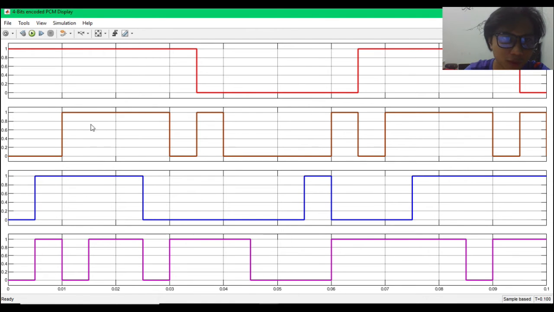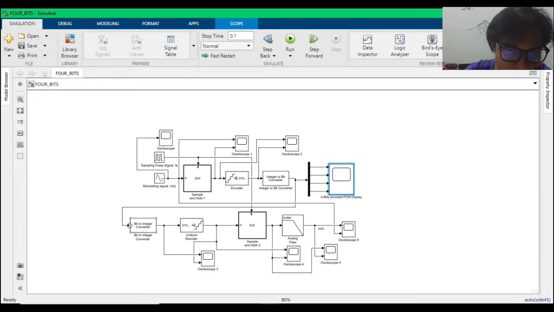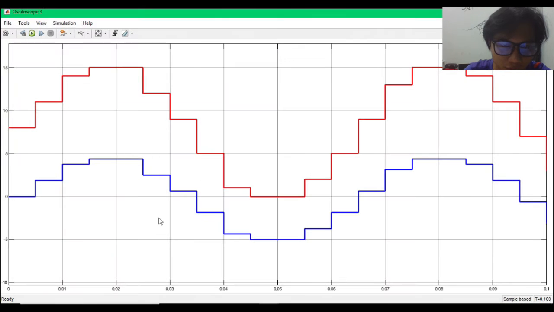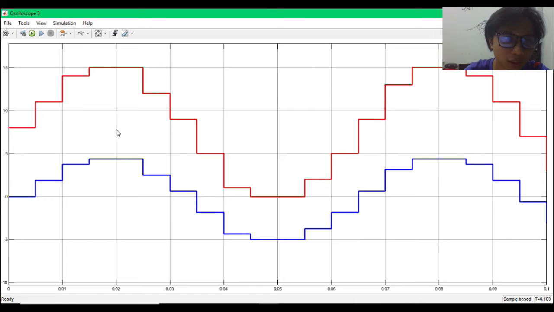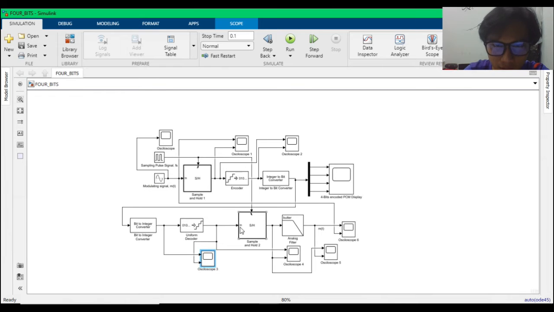For example, we have 1 1 1 1 and another is 0 0 0 0. That is the example I mentioned. Back here is the bit to integer converter. After the uniform decoder, the process has decoding, from the decoding back to the quantization, back to 0 here.